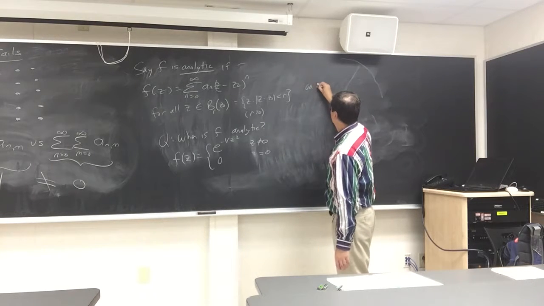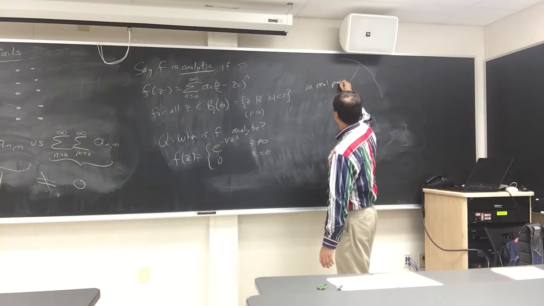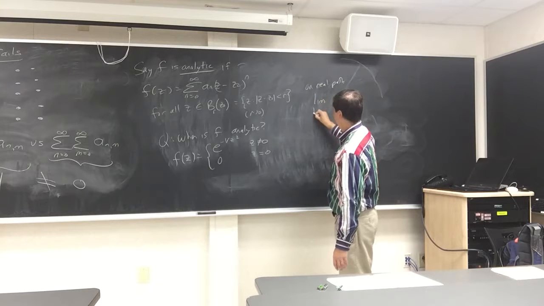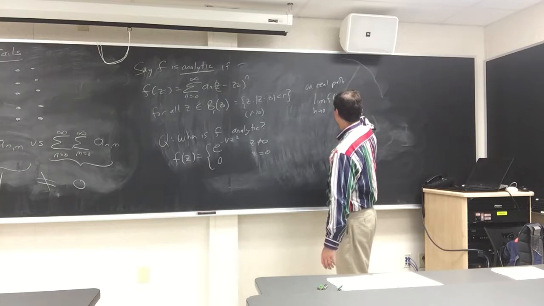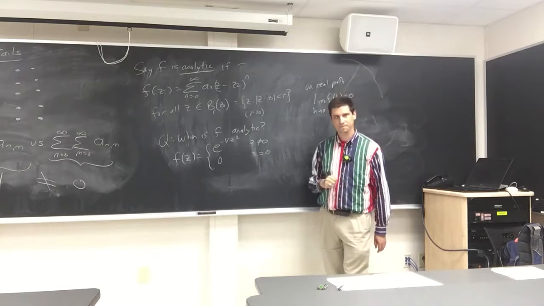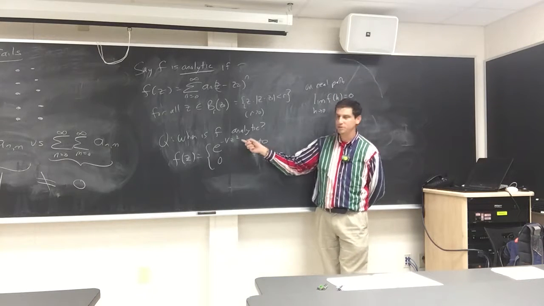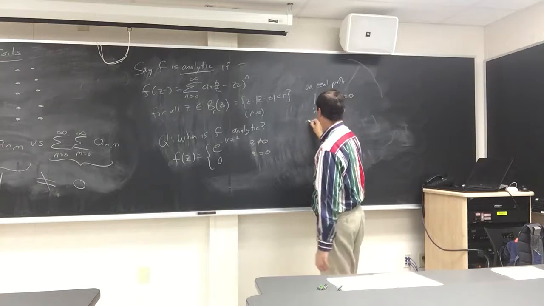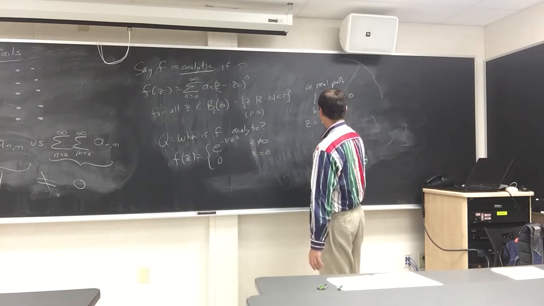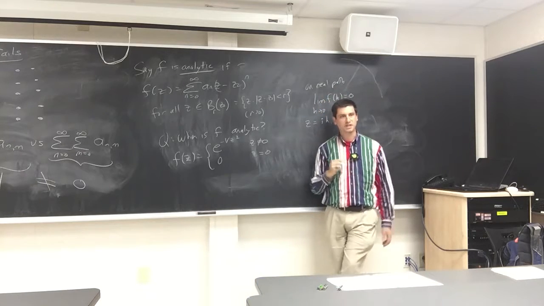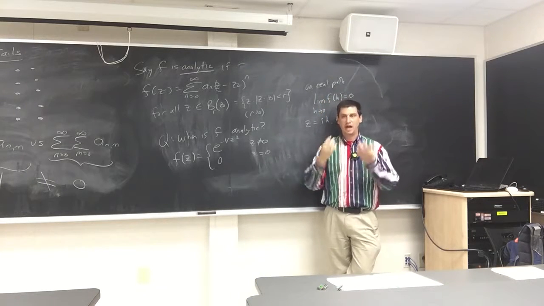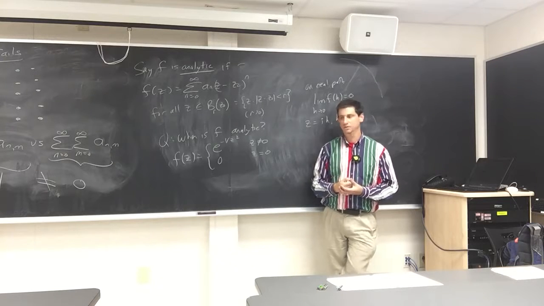So on the real path, the limit as h goes to 0 of f of h equals 0. If we take the imaginary path, let's say z equals ih with h real. I really like writing something like this: if I know it's imaginary, write it as i times something real.